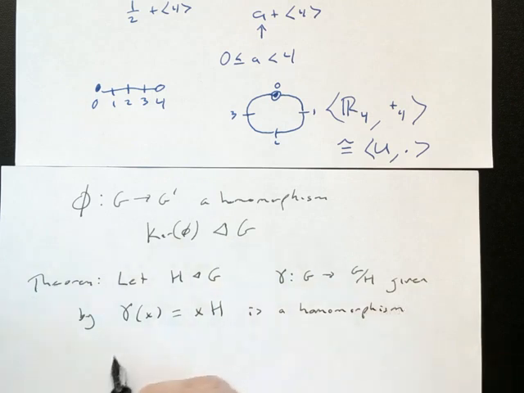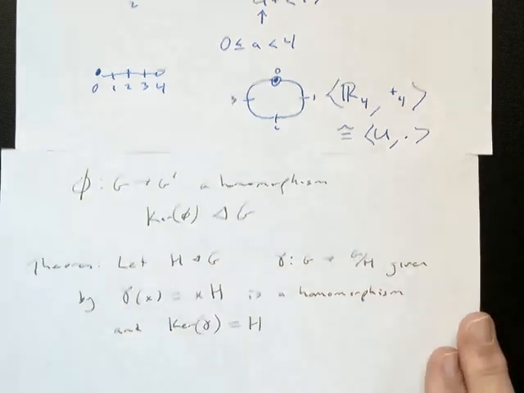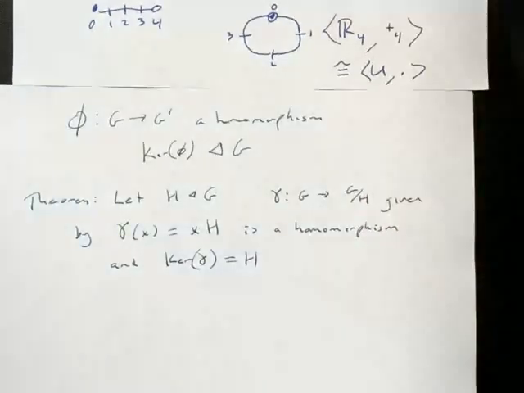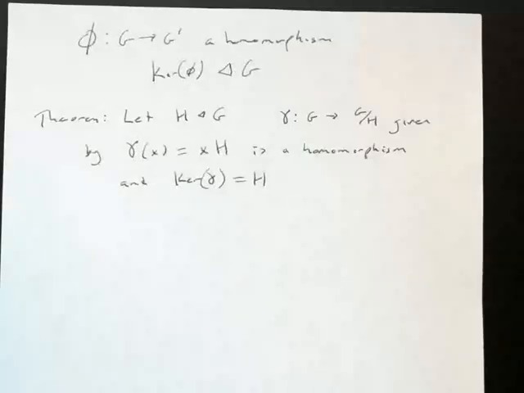What's more, the kernel of that homomorphism is exactly the normal subgroup we started with. So what this actually gives me is a connection. Normal subgroups go with homomorphisms. Homomorphisms create normal subgroups, both directions.